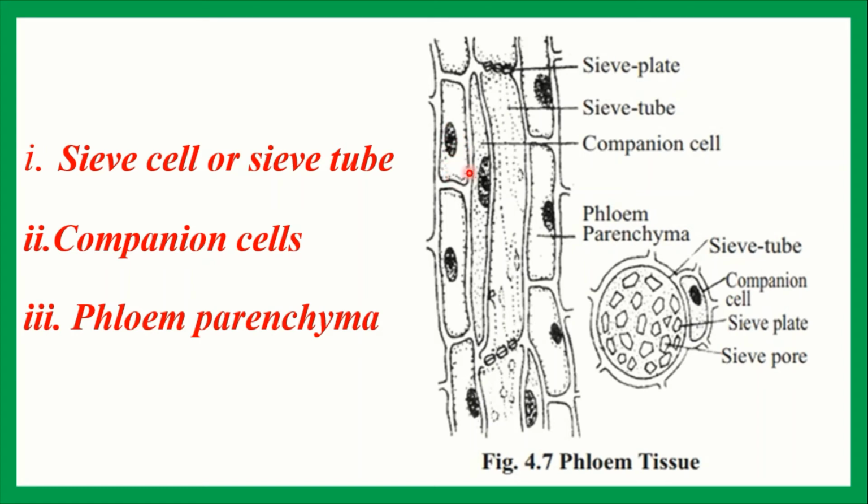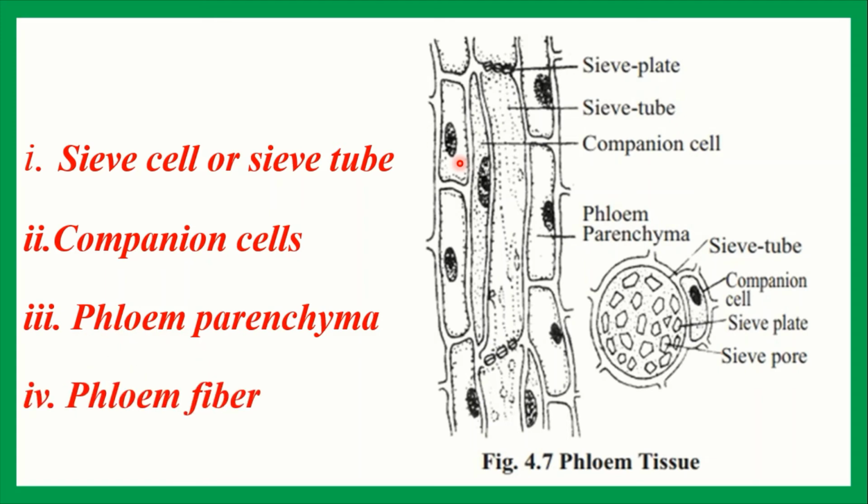And you know that a parenchymatous cell contains a large nucleus and dense cytoplasm, and the cell wall is made up of cellulose. The main functions of phloem parenchyma are food storage and to help sieve tube in translocation of food.